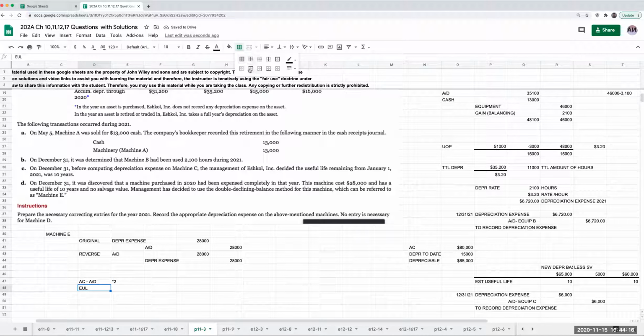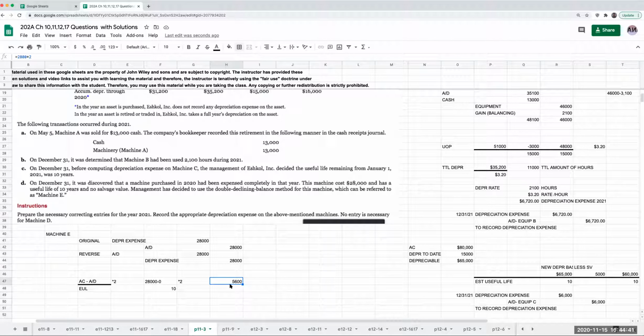So for this one, this is going to be 28,000 minus 0, because I haven't done anything yet this year, times 2. So this is going to be 2,800 times 2, or $5,600. So this is going to be my journal entry to record the depreciation expense.